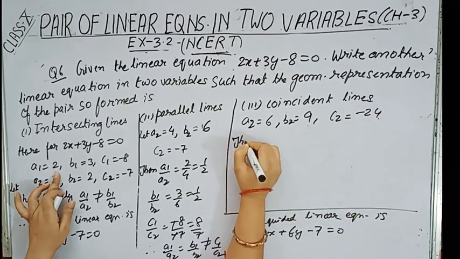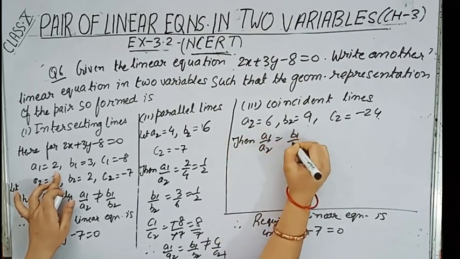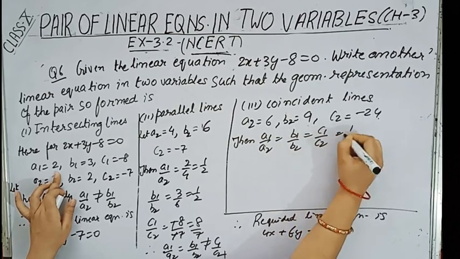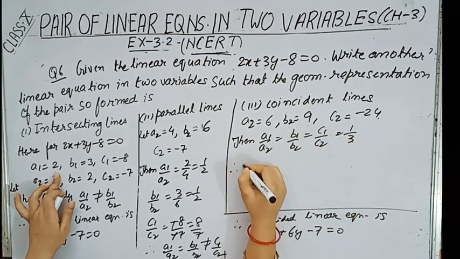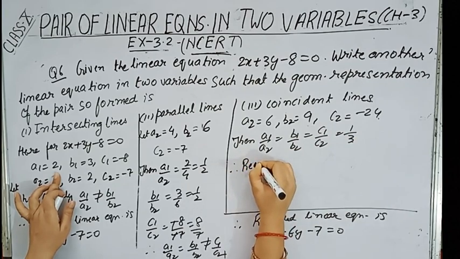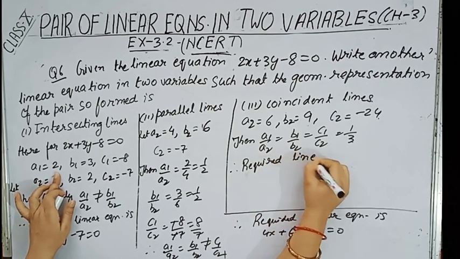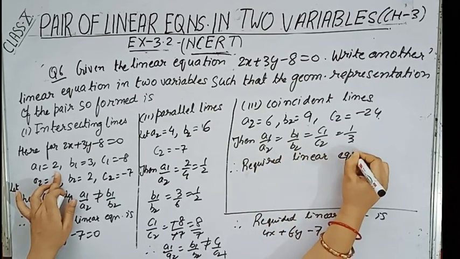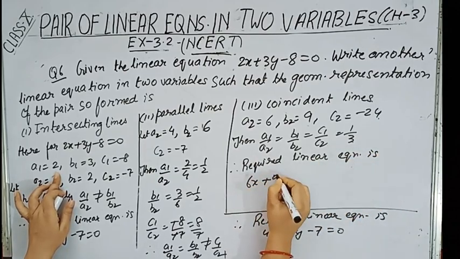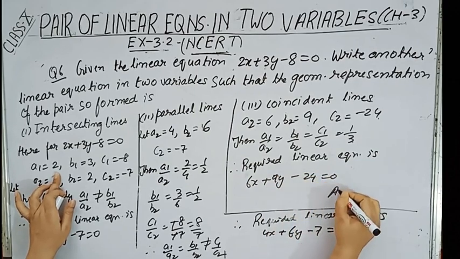Then a1 by a2 equals b1 by b2 equals c1 by c2 equals 1 by 3. Therefore, required linear equation is 6x plus 9y minus 24 equals 0. Answer.